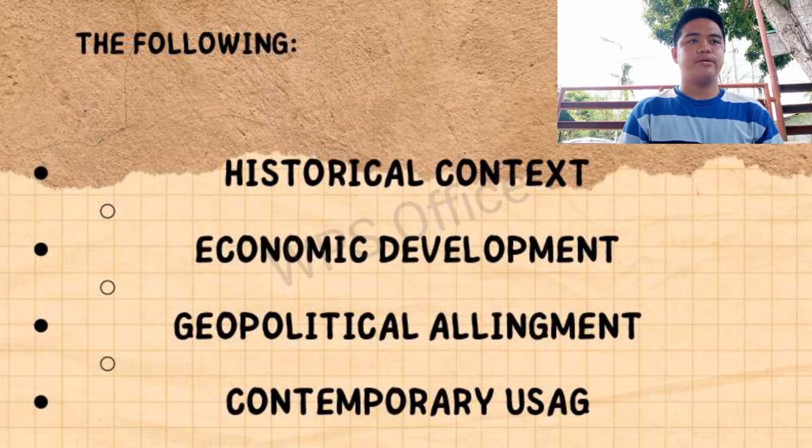In summary, while the terms Third World and Global South both pertain to countries in the Southern Hemisphere, they have different historical origins, connotations, and focuses.